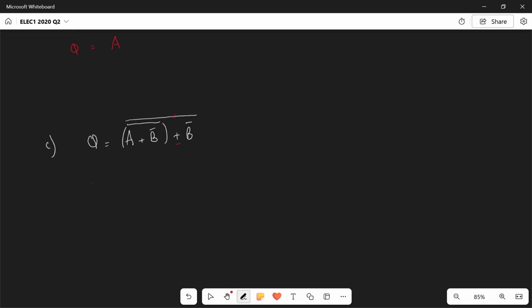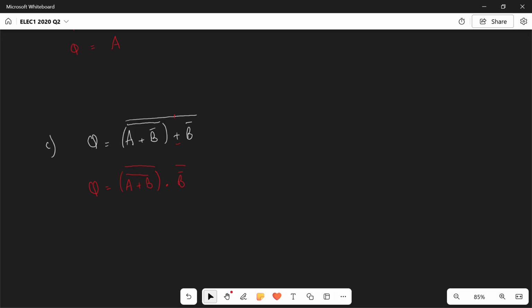So we're going to end up with Q is equal to A or B, all not, but we're going to keep that bracket. Then we've got an AND, because the OR's changed from AND, and we've got not B. And then that top line is then split into 2 separate lines.